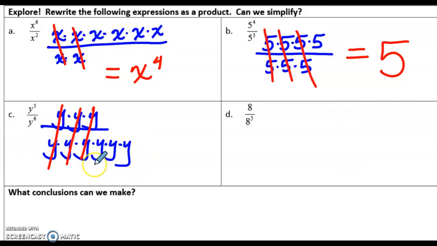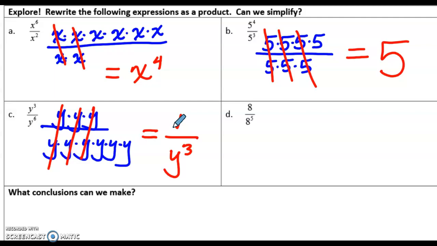And then here we have 3 y's, y to the 3rd left, but it's in the denominator now. And when nothing's in the numerator, because they were all 1s, we need to put a 1 in the numerator. We don't have to write a 1 in the denominator, but we do need to write it in the numerator. So y to the 3rd over y to the 6th is 1 over y cubed.